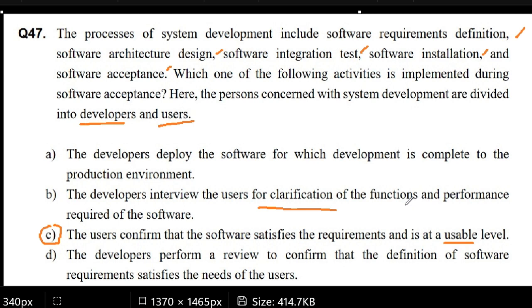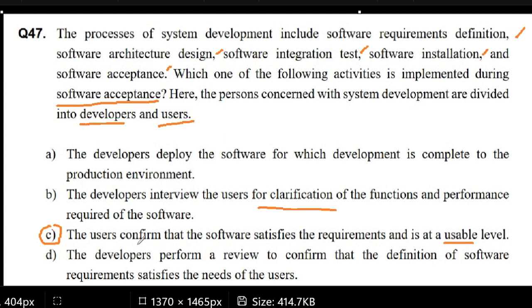But what letter C has and letter B doesn't is that we need to know if it's already usable and if it's something that the users can confirm they can already use, because we are at the software acceptance level already.